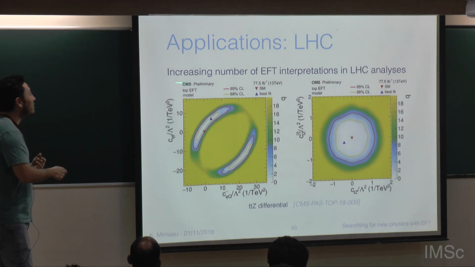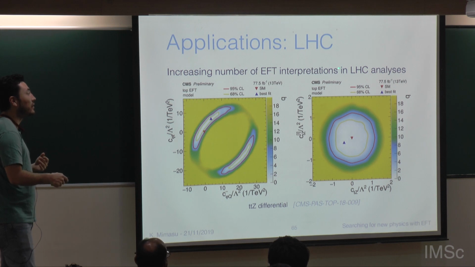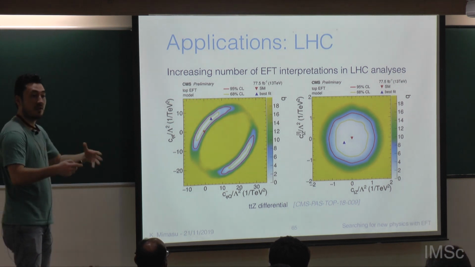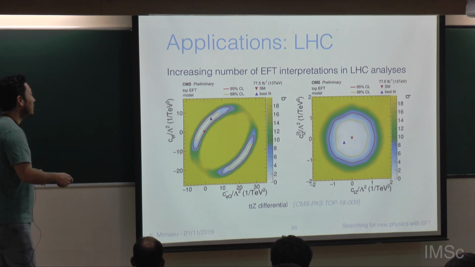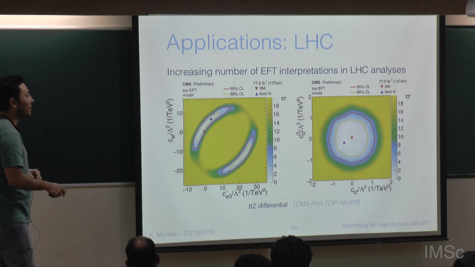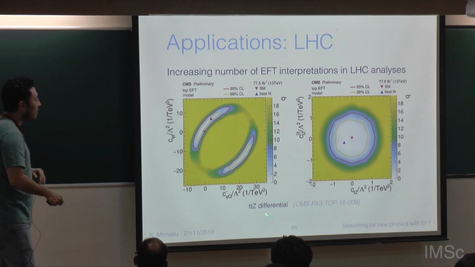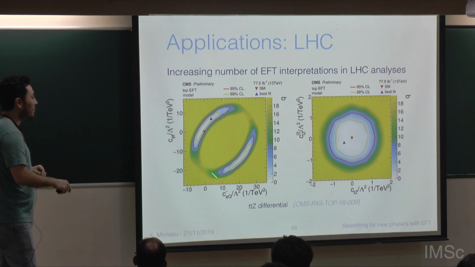And indeed, there are an increasing number of EFT interpretations directly in the LHC analyses themselves. So it's not just theorists taking the measurements and doing EFT fits. The collaborations themselves are starting to constrain these operators in various different ways. So here's an example of a TTZ differential measurement of last year, where they constrain some of these operators in this top EFT sector.